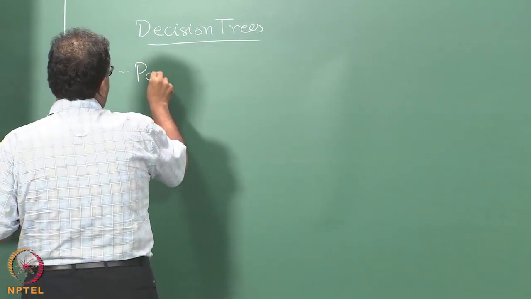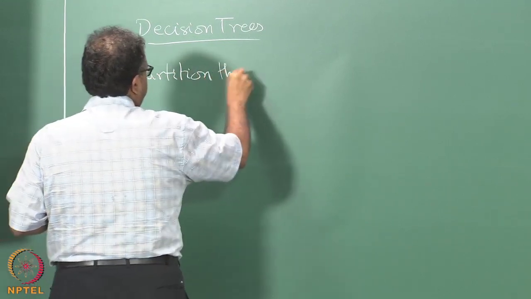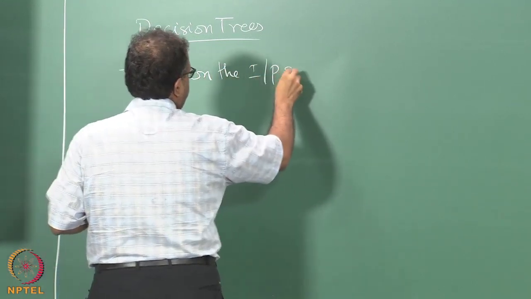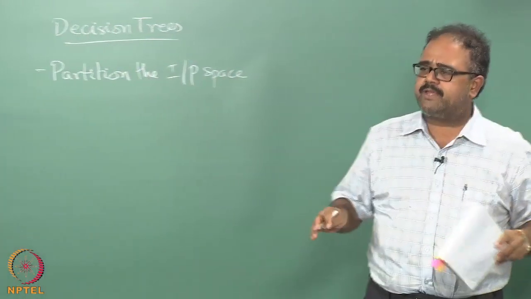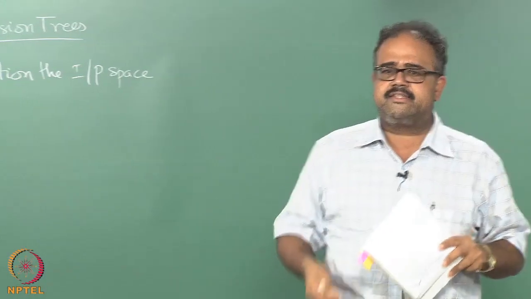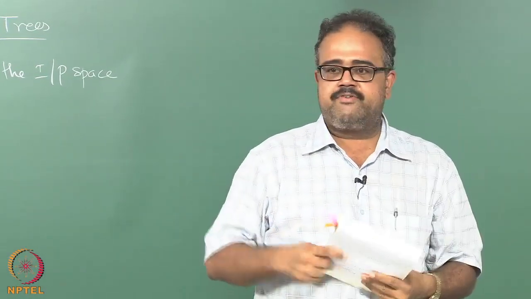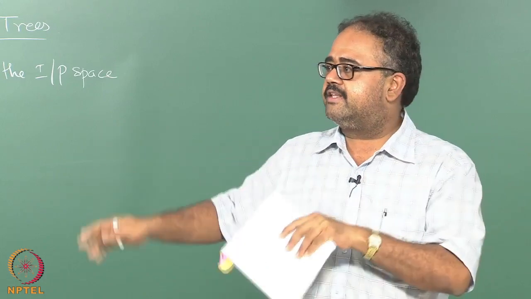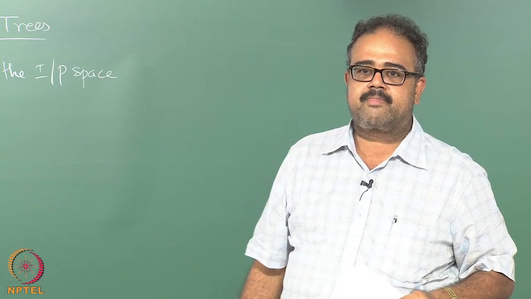If you think about what you are doing, you are trying to partition the input space into certain regions. Feature 1 has value X, feature 2 has value Y, feature 3 has value Z, and that gives me some region in state space.